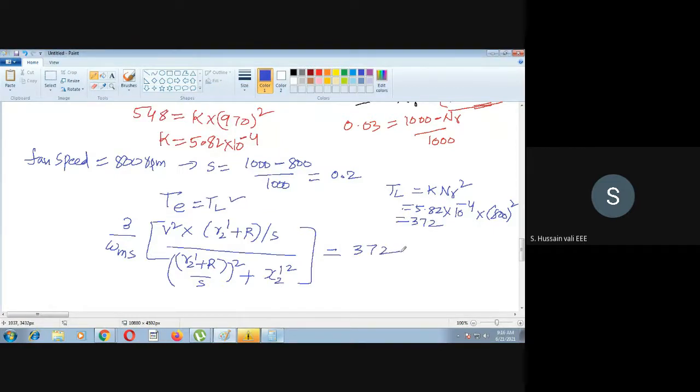And now what are the unknowns in the entire equation? Except for one, everything is known. What is that? R. The S value 0.2 we found out, and V, omega ms, everything, so except R is left.